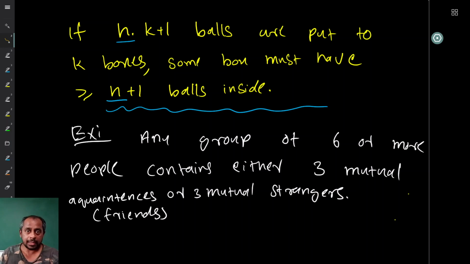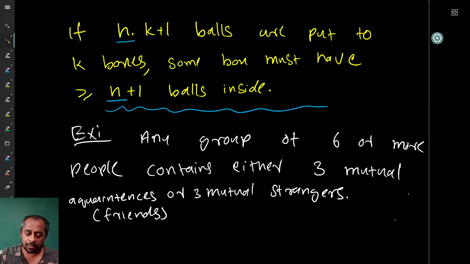But if you show that out of this 100, if you take any 6, even within that 6 you have 3 friends or 3 strangers, then the entire group also has 3 friends or 3 strangers, right? So we don't really need to look at the larger numbers. We can just work with 6. So that is one advantage, right?